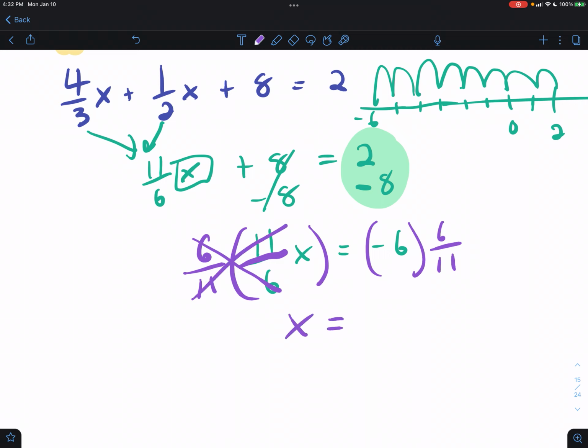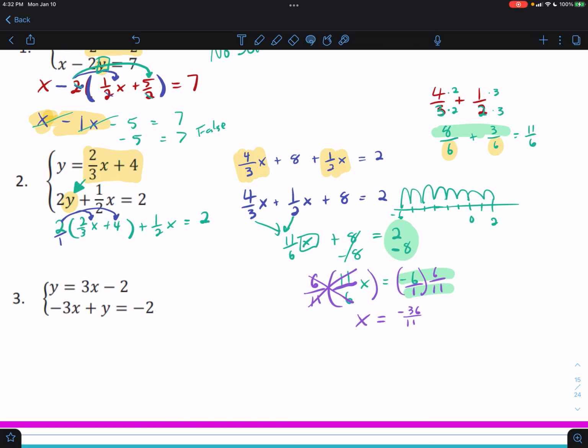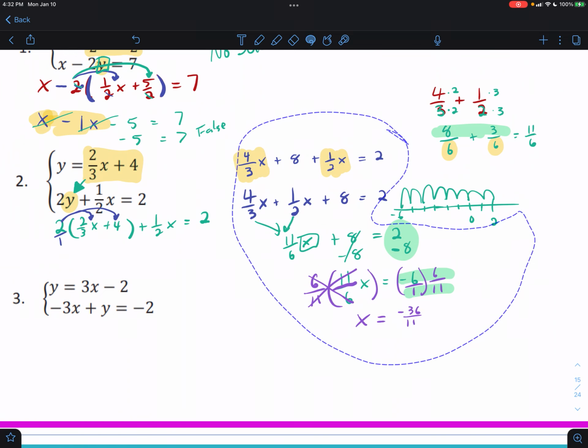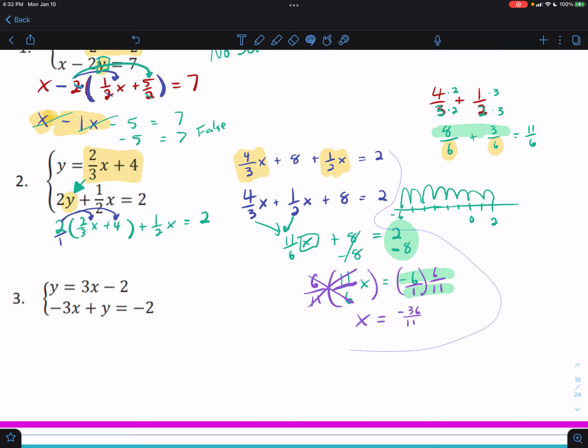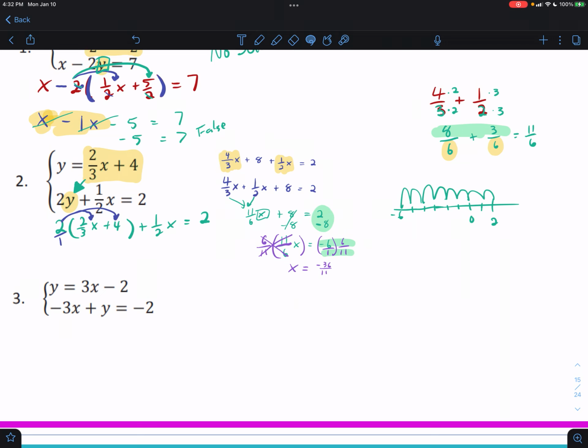And then on the right side, slap a 1 under that -6, and then it's just top times top over bottom times bottom. And now we have our x value. So this system definitely has a solution. Since we got all the way down to an x value, we have to keep going to find our y value.